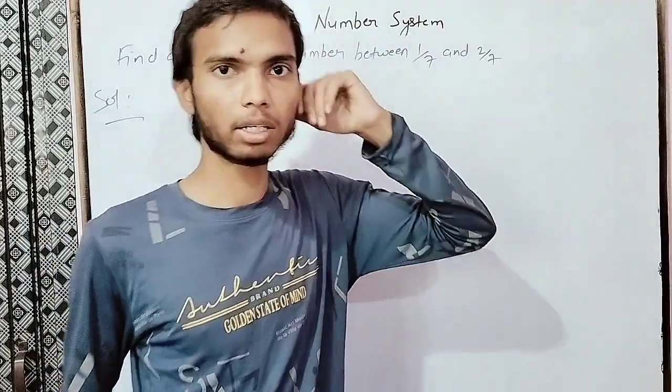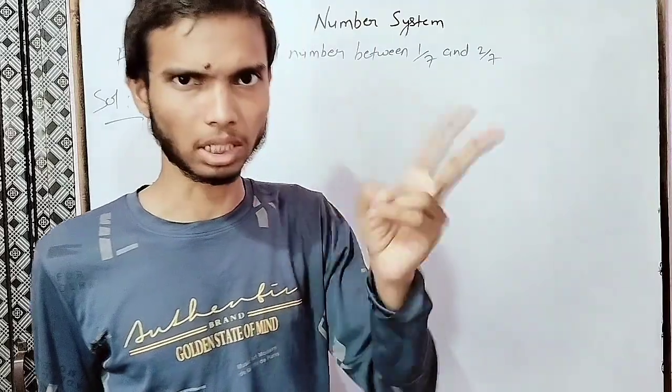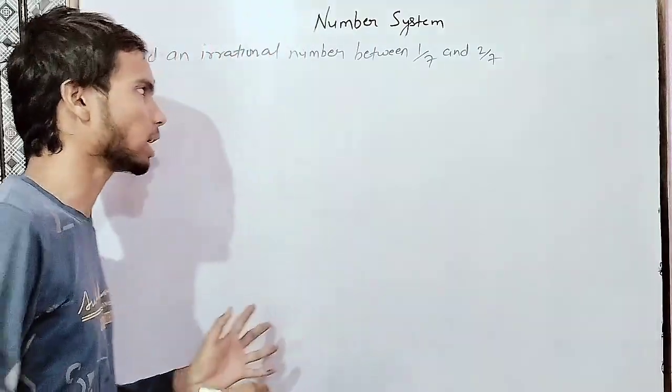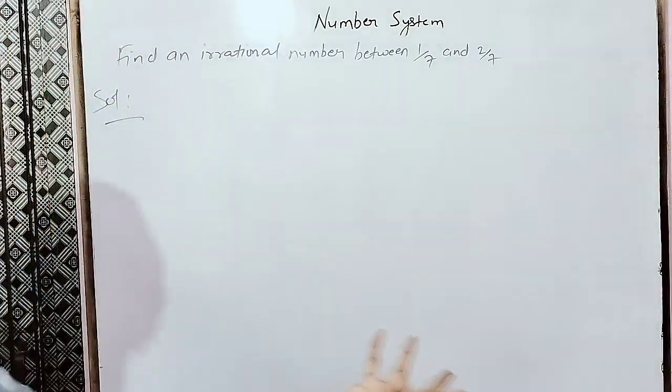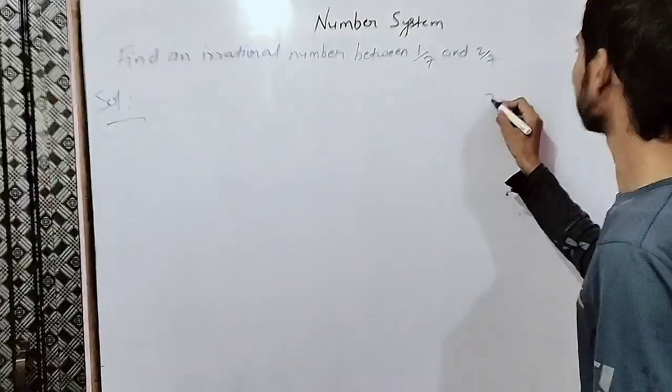So we were finding some rational numbers between given two rational numbers. Now it's time to find some irrational number between given two rational numbers. So here 1/7. It can be simplified.